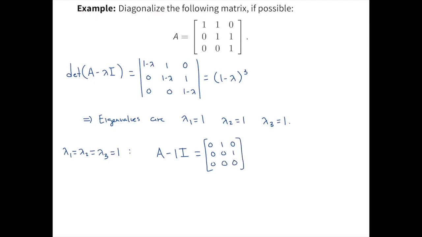And that already happens to be row reduced for us. So what this tells us is that y is equal to 0, z is equal to 0, and x is free. And hence, if we start off with x, y, z, if we replace y and z with 0, we get x, 0, 0.